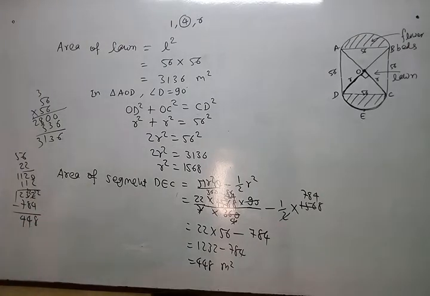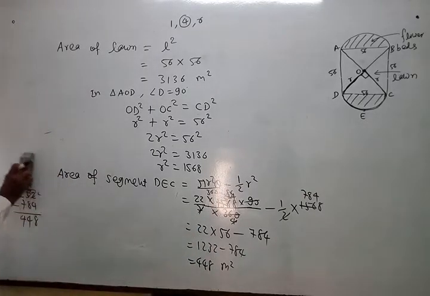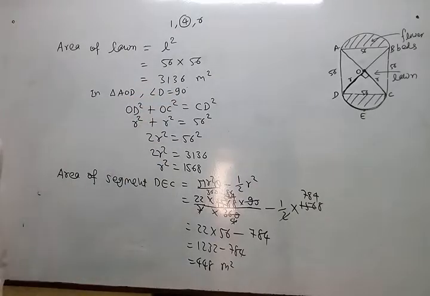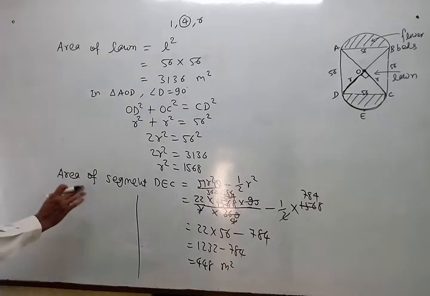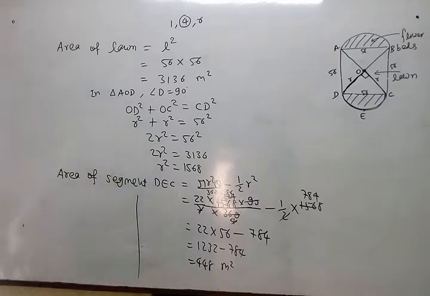Now it is not actually the flower bed. It is only half of the flower bed. So you just make double of this one. So I am just writing here only: area of segment. This is nothing but the area of segment DAC.